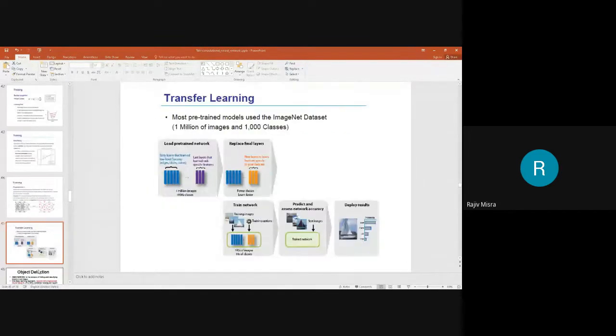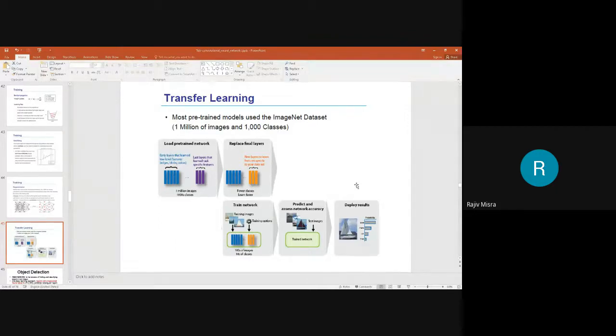Now these models which I have discussed can also be used for other applications, provided some modifications are made to the layers. If you use pre-trained models with some layers modified, then it is called transfer learning.